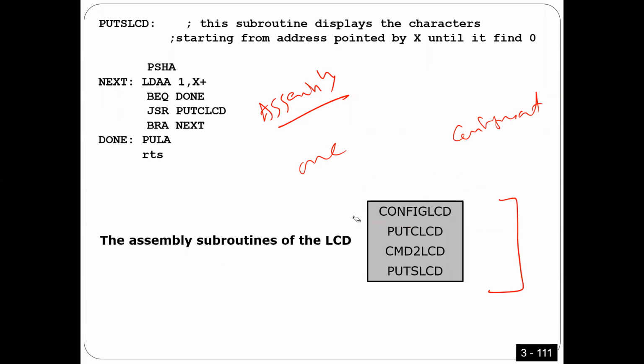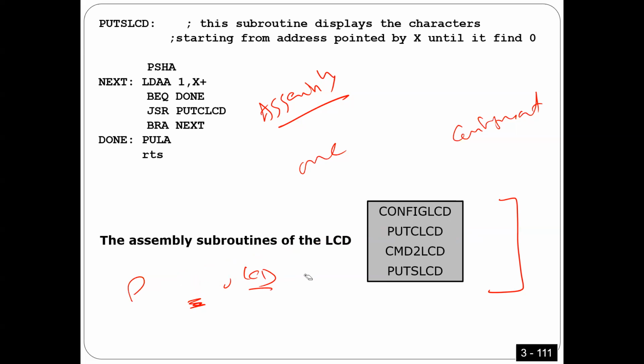The second one is called put or write character to LCD. This one is used if you want to display one character. Every time you use it, you display one character.